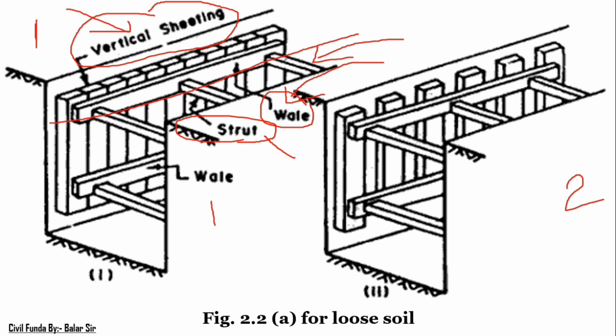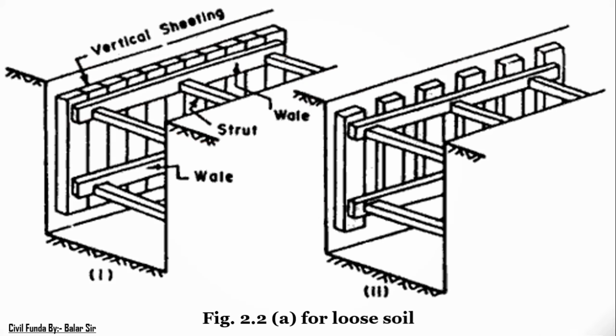So in the second method, you can say that I just provide some gap between each sheet. Why? Because of vitamin M. Clear? The remaining installation process is the same in condition number 2, so I think we do not need to repeat it. Clear? So these conditions are for the loose soil.